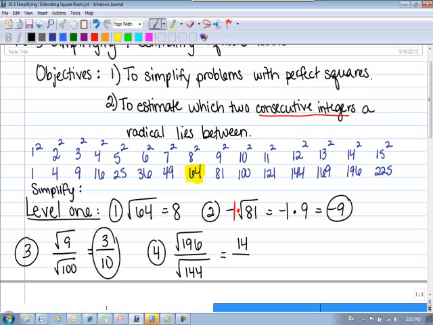And the square root of 144, if we look at our chart, is 12. So we get 14 over 12, and we look at 14 and 12 and say they're both even, so they definitely can be simplified. I'm going to divide both of them by 2. And 14 divided by 2 is 7. 12 divided by 2 is 6. I check 7 and 6. They cannot be simplified any further, so 7/6 is my answer.